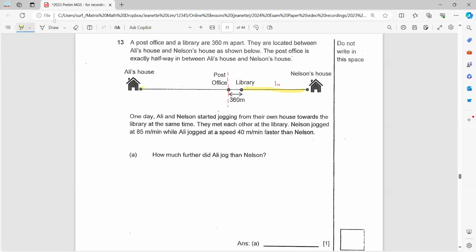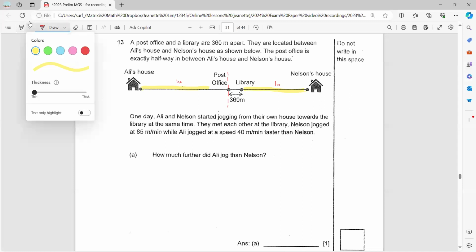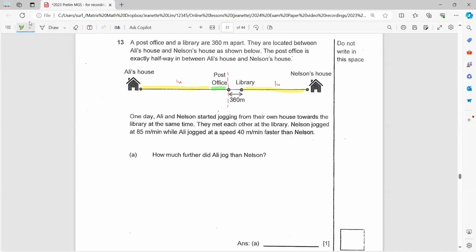Ali would have jogged this portion here, which is also 1 unit, then plus this, plus this. Okay, this is what Ali jogged here. So you compare that with Nelson, the extra that Ali jogged is actually 360 times 2. So that is the extra that he jogged more than Nelson.